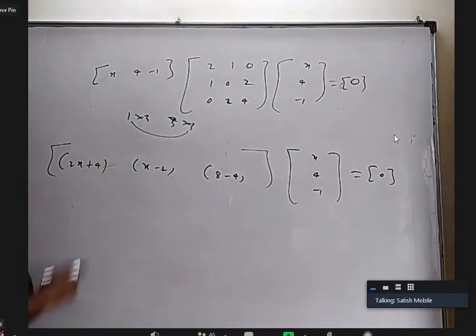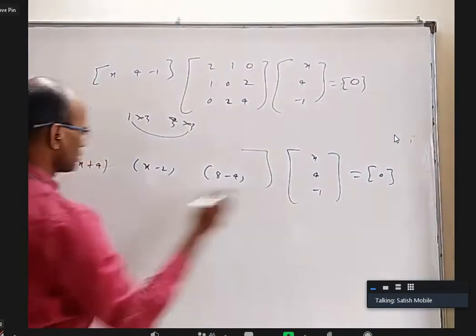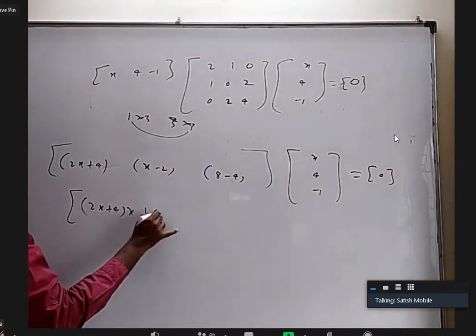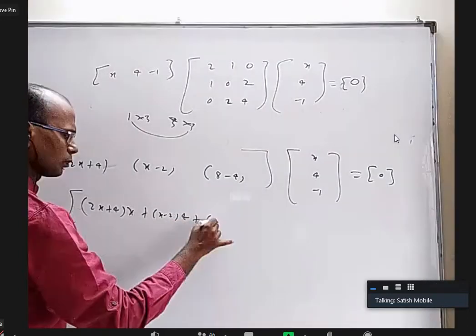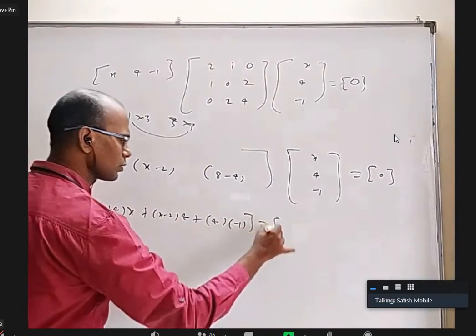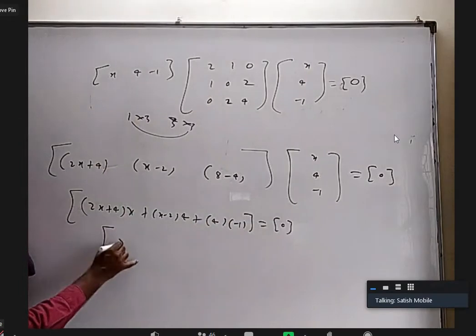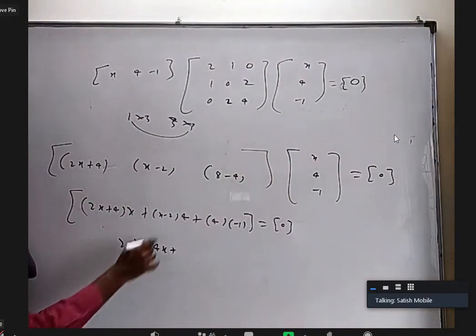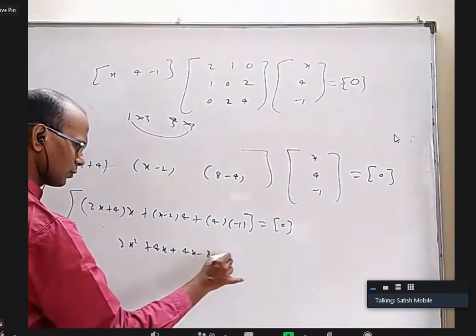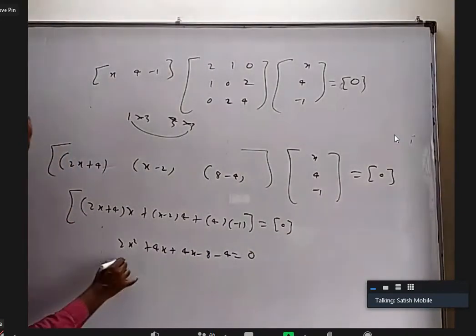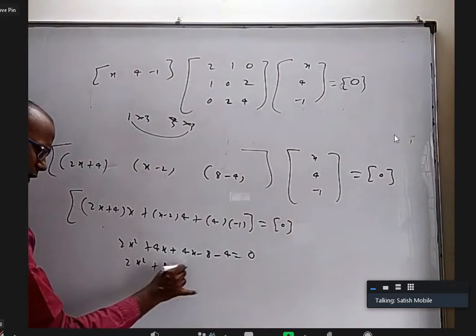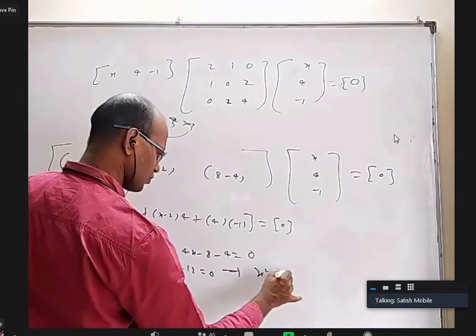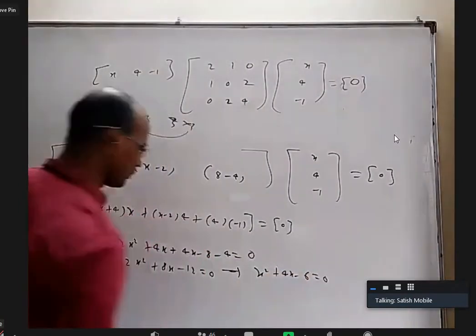Now, this into this, this into this, this into this: (2x plus 4) into x, plus (x minus 2) into 4, plus 4 into minus 1, equal to 0. This is 2x squared plus 4x, I can remove this and equate it, plus 4x minus 8 minus 4 equal to 0. So 2x squared plus 8x minus 12 equal to 0, which is x squared plus 4x minus 6 equal to 0.